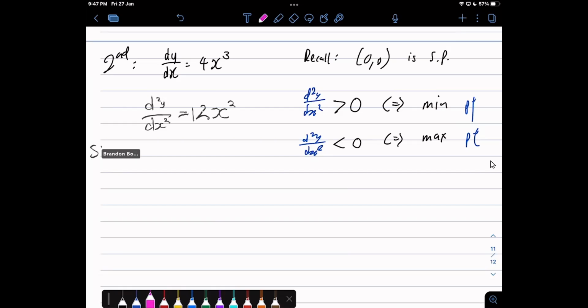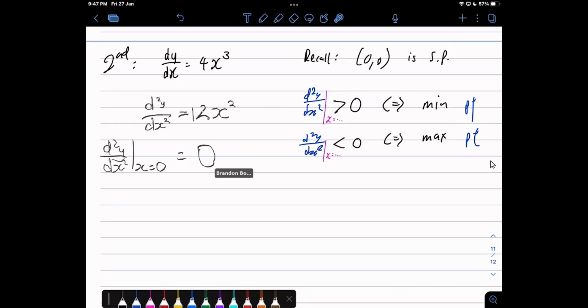Upon substituting with x equals to... so sub in. Find this, substitute, then check the sign. Three steps. Don't want to break it down into so many steps. Let's practice.